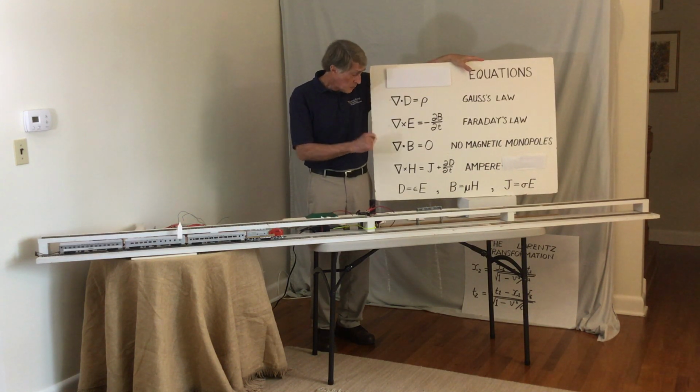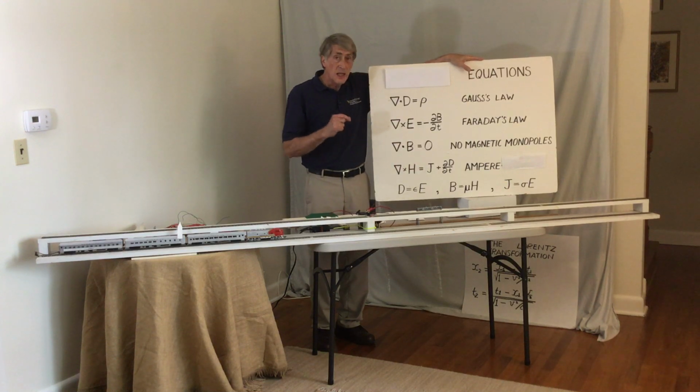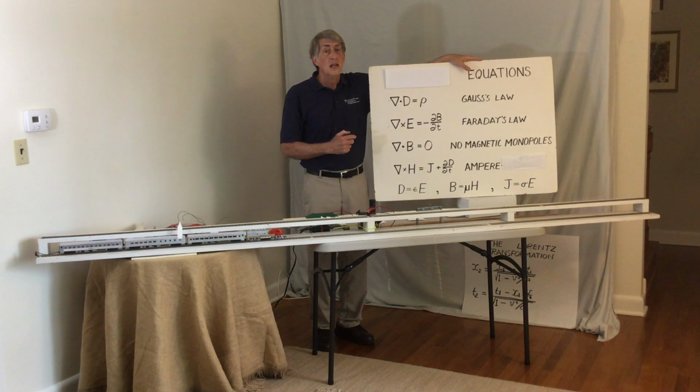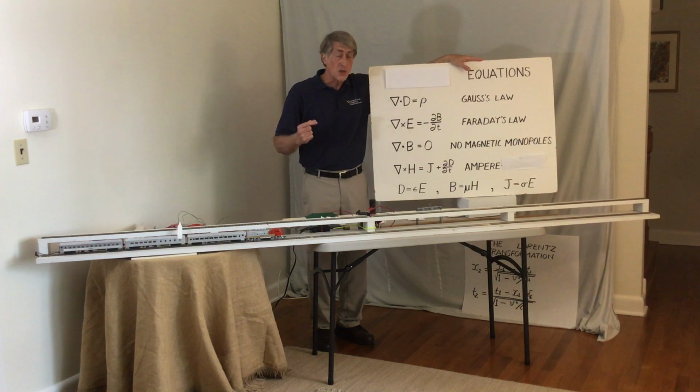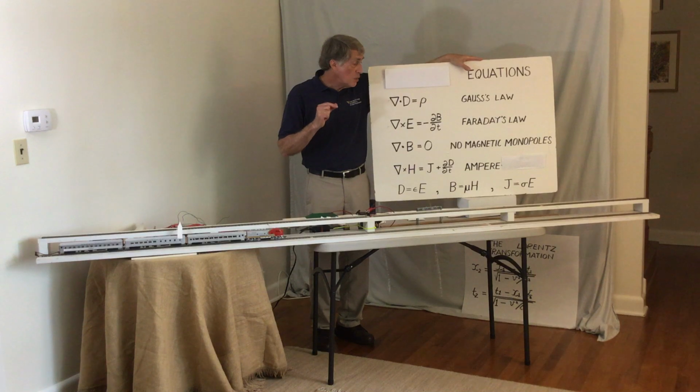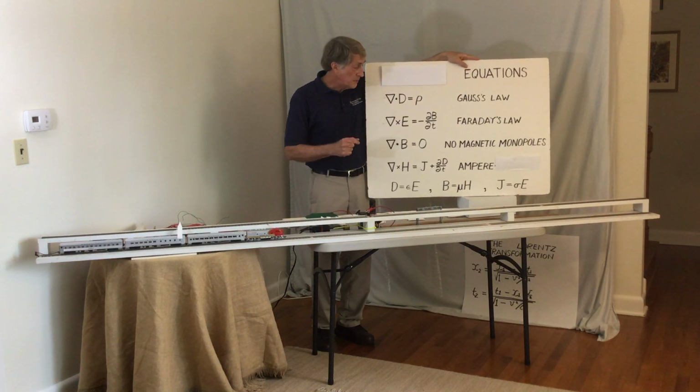Now, we can use some of the constants here and determine the speed of those electromagnetic waves. And it turns out that that speed was exactly the same as the speed of light. Light was already understood to be wave-like in nature, but now we have a great unification of different phenomena.